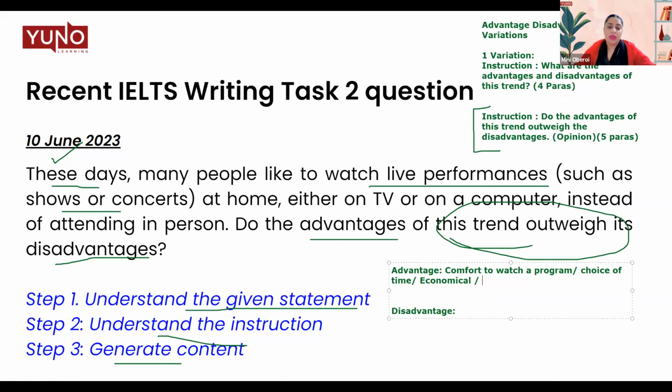But when we sit back at home, we can watch any program in our own comfort zone, our own time and choice, our own mood, right? And also it is economical. If I have the subscription for Netflix, I pay the money, I watch it in the comfort of my home. So this is what you need to understand and analyze initially.